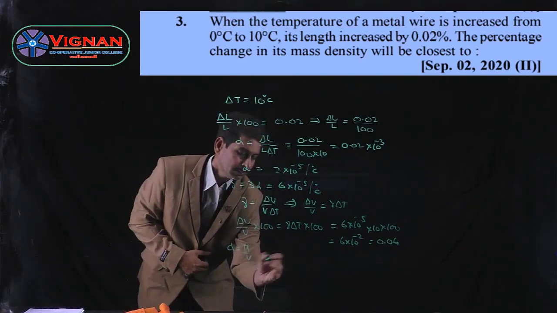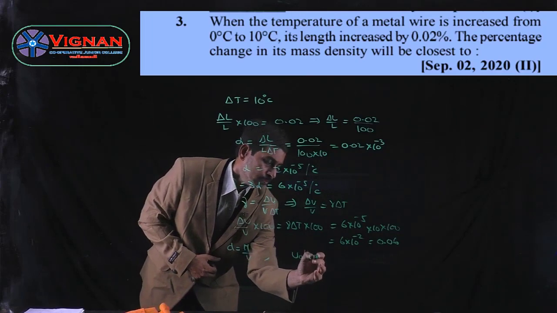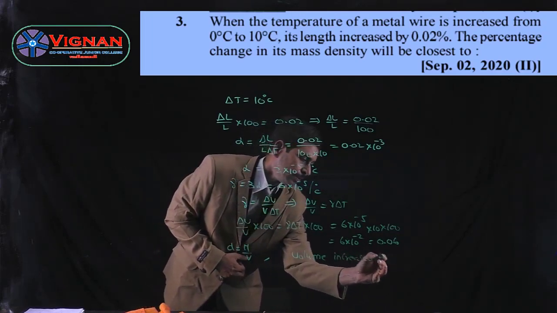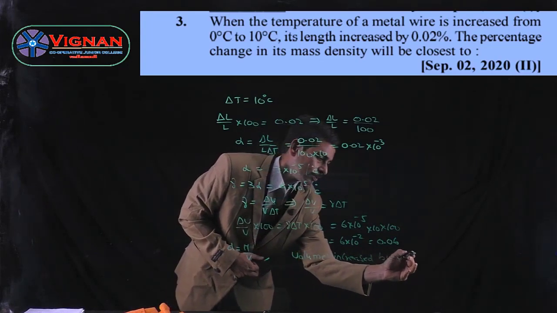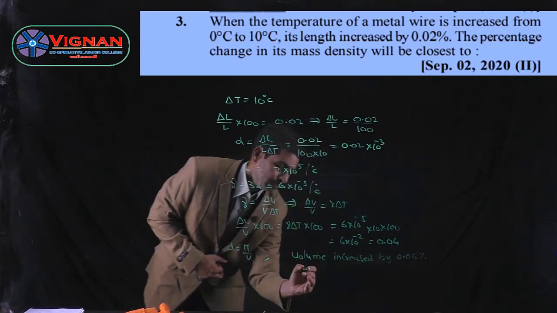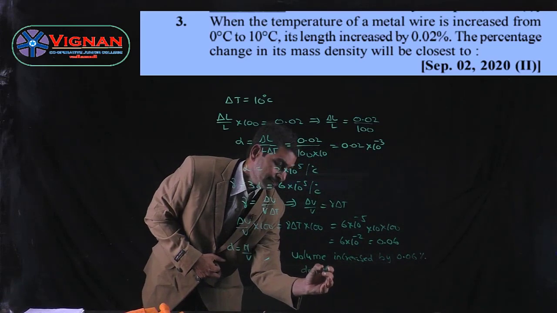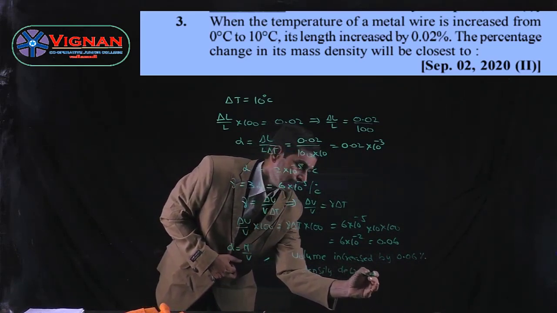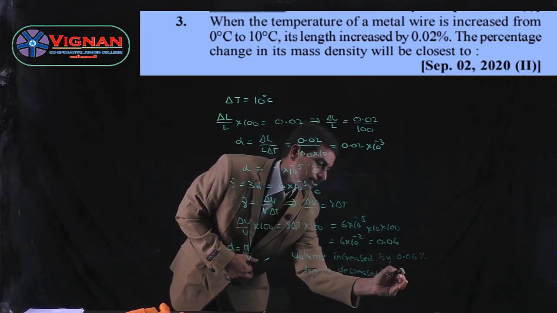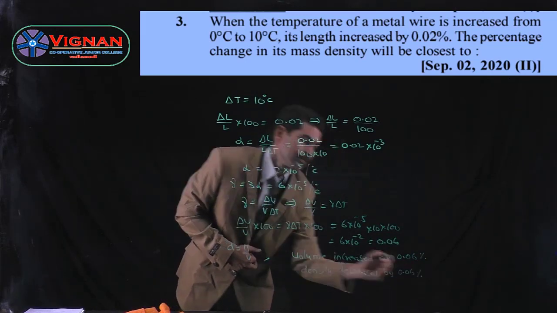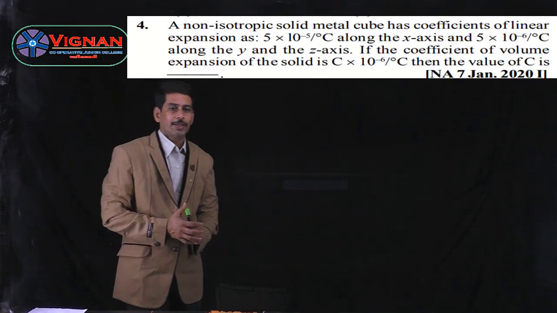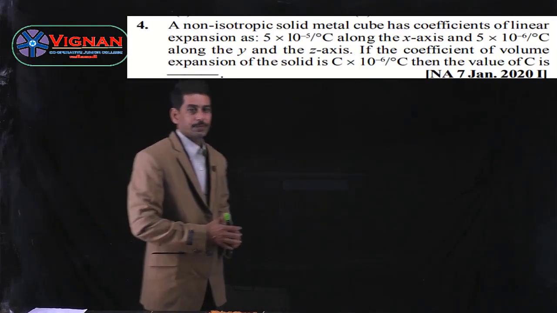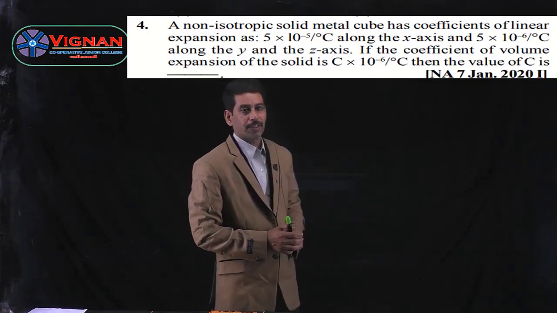So here volume increased by 0.06%. So density is decreased by 0.06%.